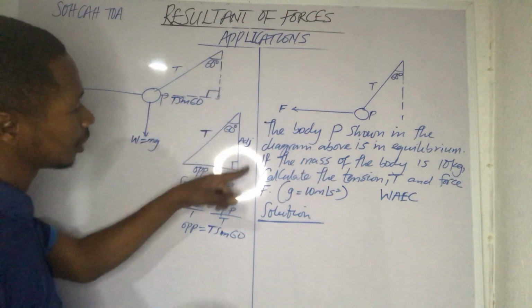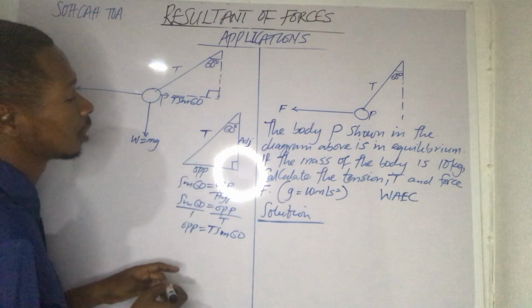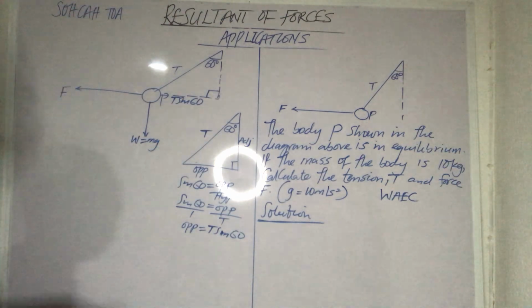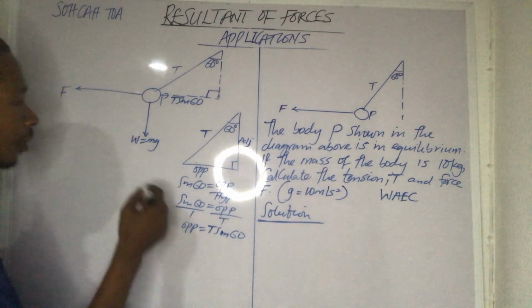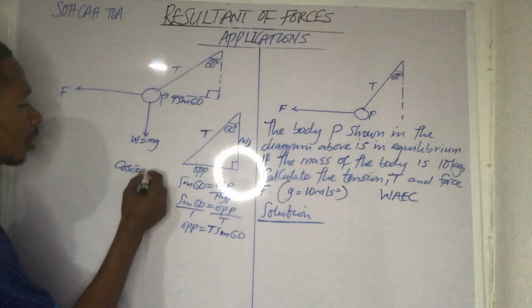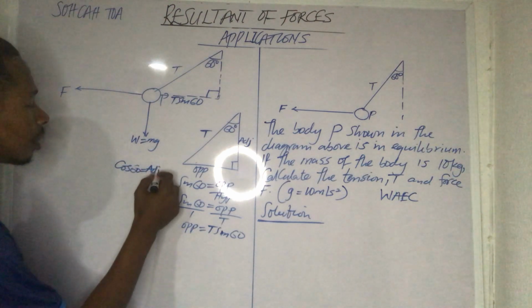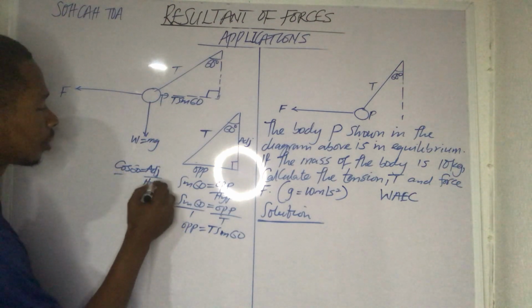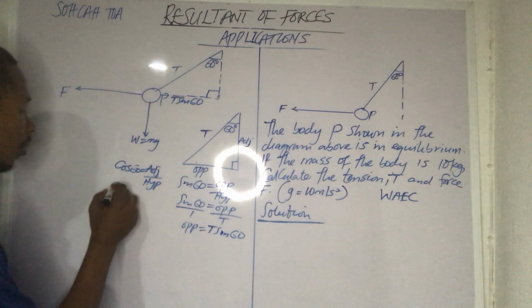Then I'll get my adjacent. Adjacent and hypotenuse, that's cos. So I will have cos 60 is equal to adjacent over hypotenuse.